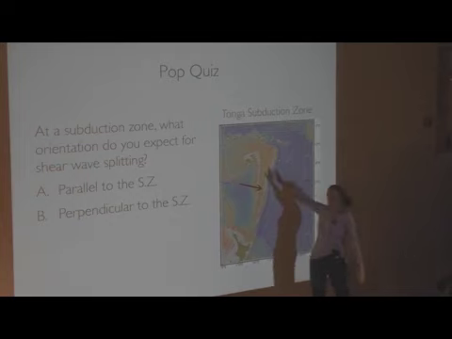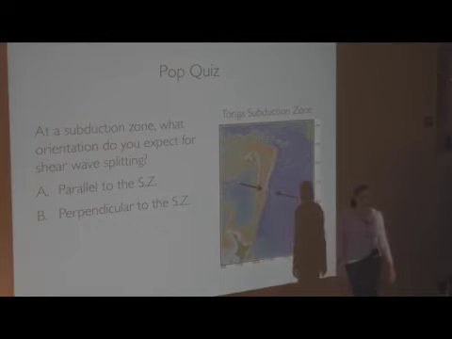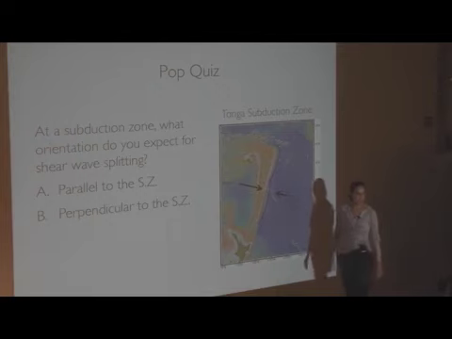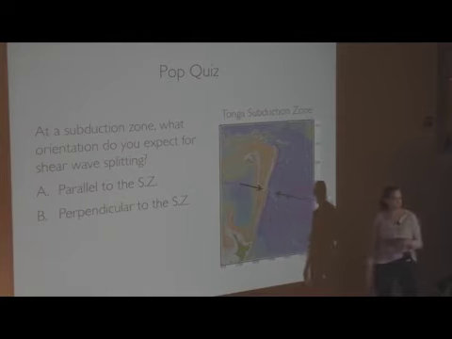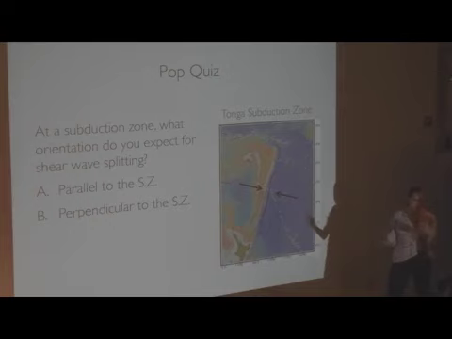If you were looking at the splitting here over the mantle wedge. Or, you could also say over here as well, in this case. As a general, what orientation? Just raise your hand if you think it would be parallel to the subduction zone. If both your plates are moving, converging. Okay, and then if you think it would be perpendicular to the subduction zone.